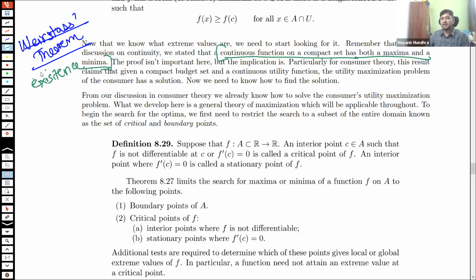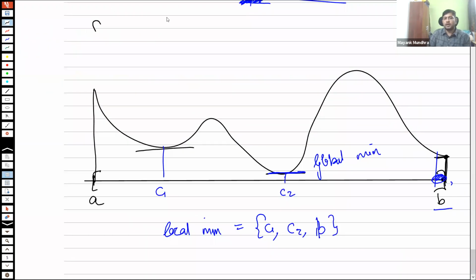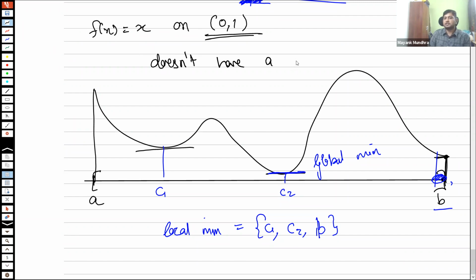We are looking for a maxima and a minima, but it is not always necessary that every function has a maxima and a minima. For example, if you define a function f of x equals x on the set 0 to 1, this function defined on this set does not have a maxima or minima. x equals 0 is not a minima because 0 is not even in the domain.